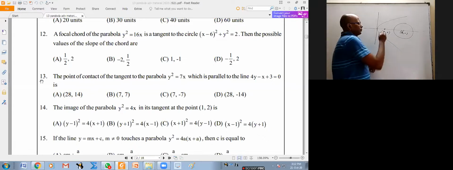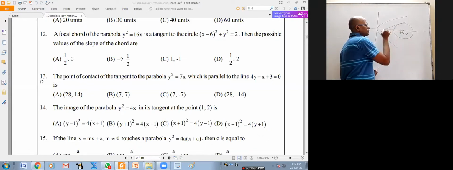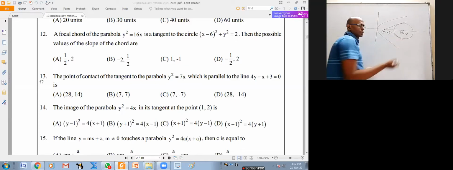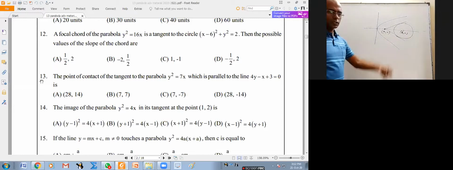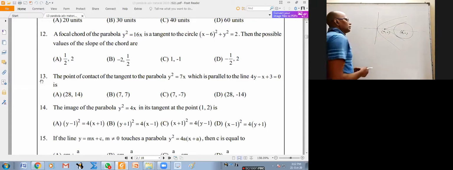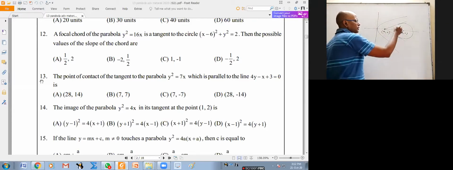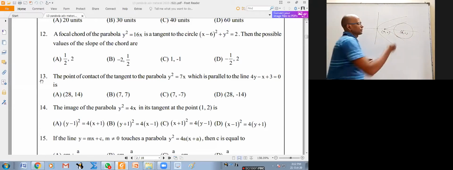So basically from 4, 0, you draw two tangents. Whatever are the slopes, they are the answers. That's it. Through the focus of the parabola, draw two tangents to the circle and try to find the slopes. How to find? Just from the figure, I think I can do it. Yeah, it's very easy from the figure itself.